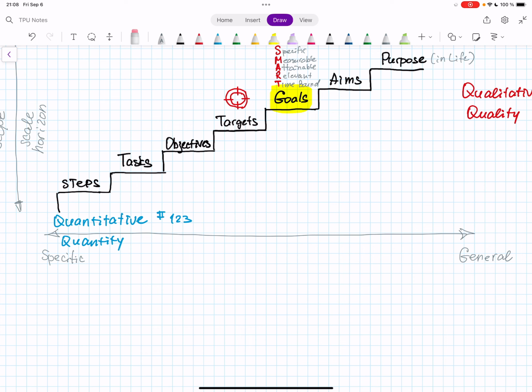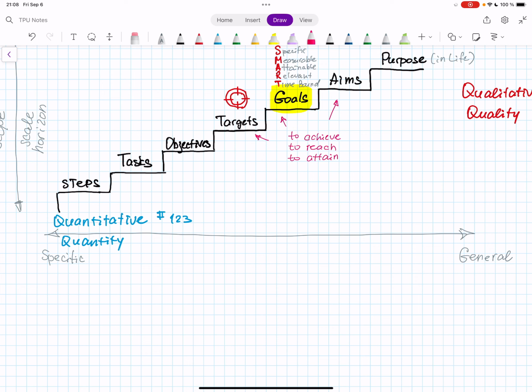If you talk about goals, you use the word to achieve goals, or you can use the word to reach goals. You can also use this word in connection with targets, to achieve targets, and also to achieve aims, to reach your aims. Or there is another word, to attain aims, to attain your goals, to attain your targets.